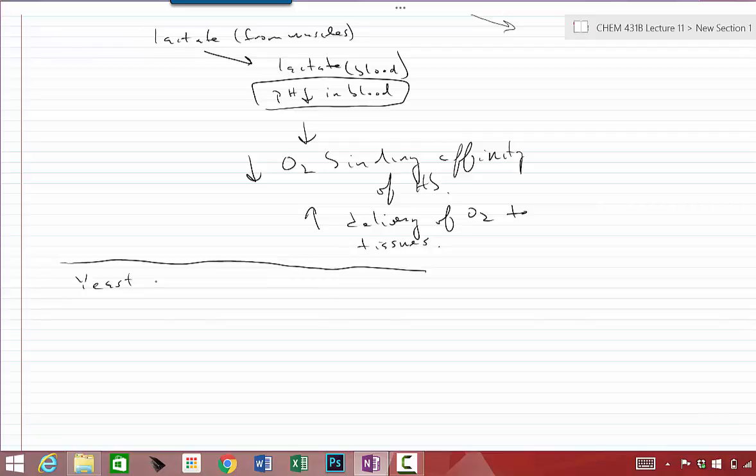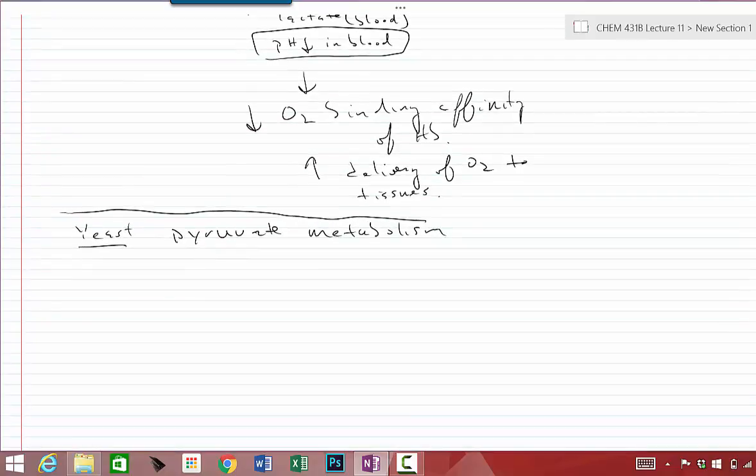We use lactic acid, but yeast do something a little bit different. So we're now going to talk about pyruvate metabolism in yeast.